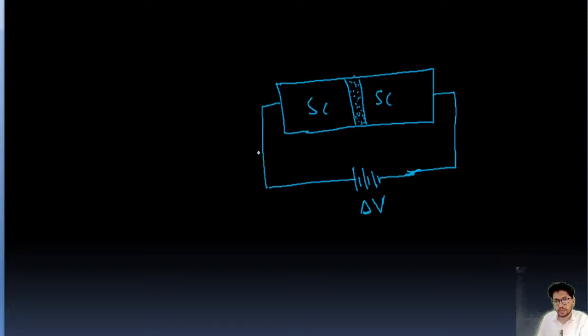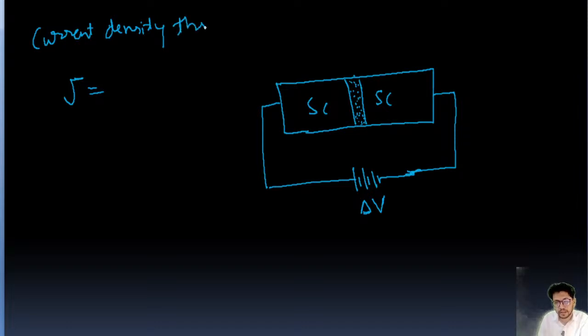We know there is a formula, right? J is the current density through the thin insulating layer.